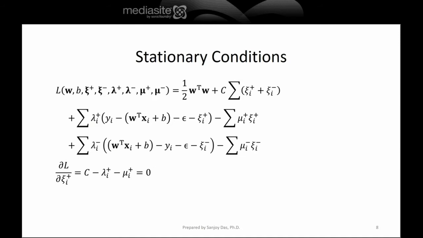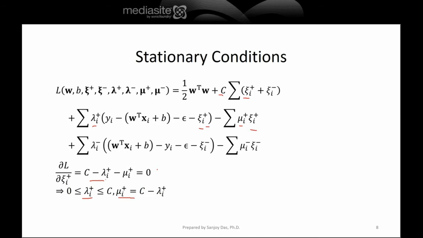Differentiating with respect to zeta i plus, which appears here and here and here, what do we get? Here we'll get a C. For this term, zeta i plus, we'll get a lambda i plus, and for this we'll get a negative mu i plus. Whence this is what we get: C minus lambda i plus minus mu i plus equals 0, which gives rise to two equations here.